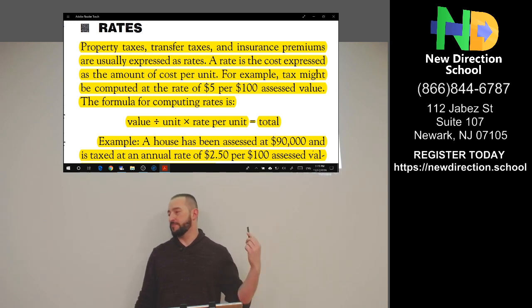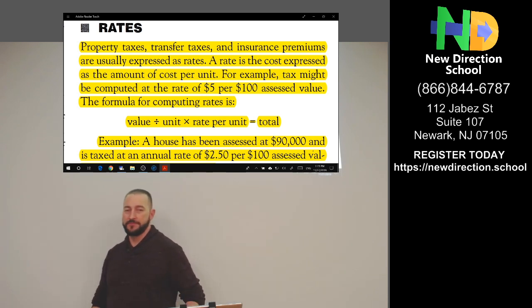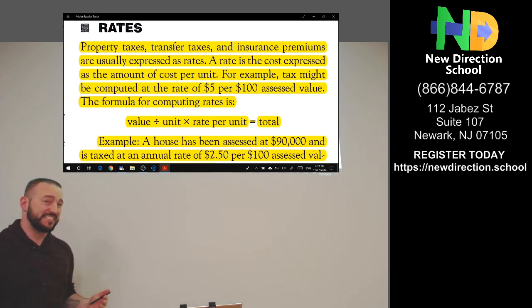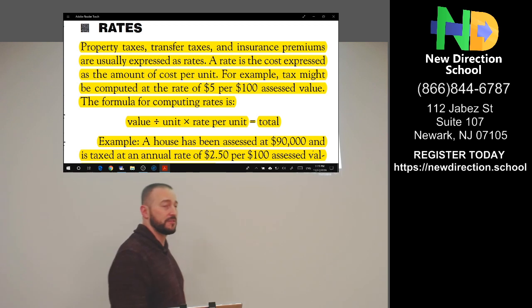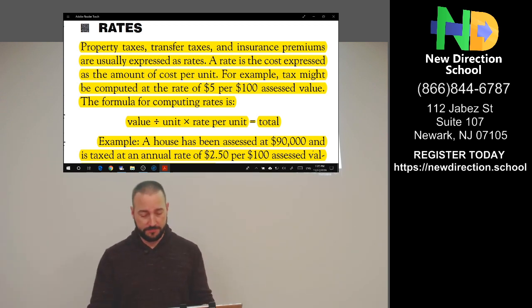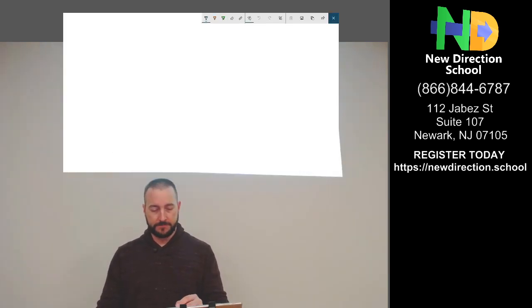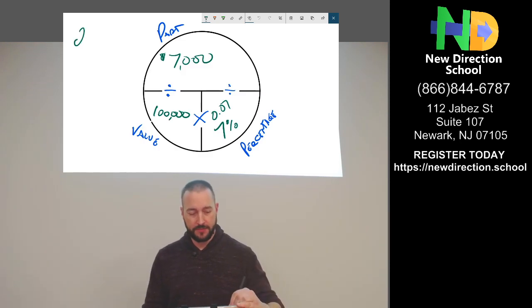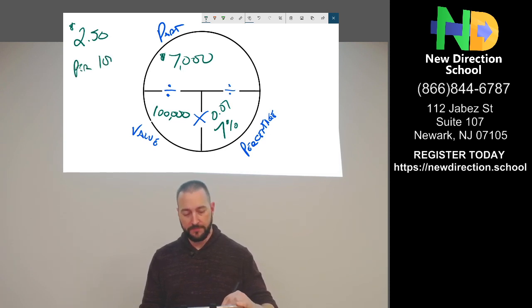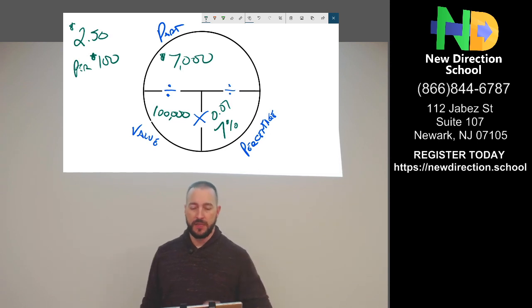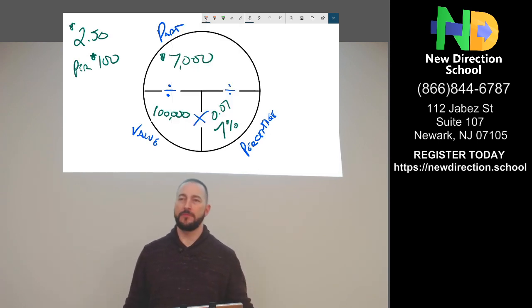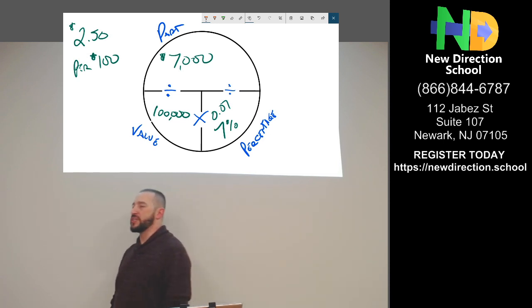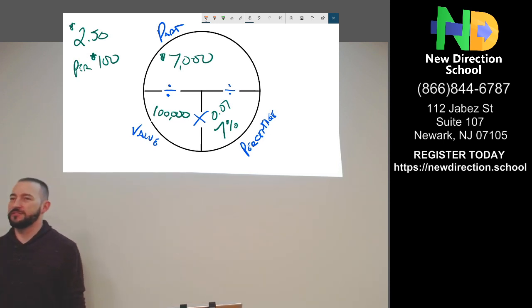So here's the thing. Matthew, this is chapter 22. Math. So $2.50 per $100 of assessed valuation. Now, I told you earlier that percent means per 100.